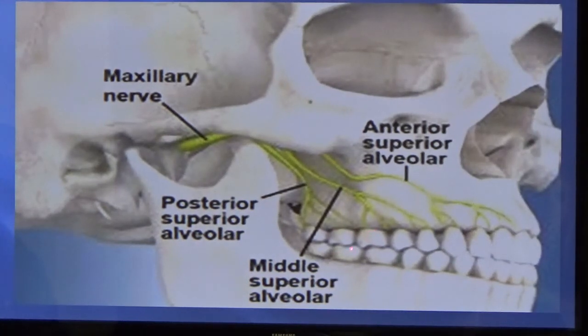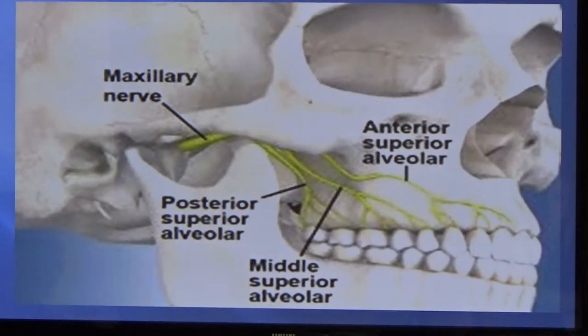So if I'm working on your first molar, I've got to give a PSA, and I have to also give an MSA because the mesiobuccal cusp will not be numb. You'll start cutting and the mesial part of that tooth won't be numb because it gets innervated by the MSA.